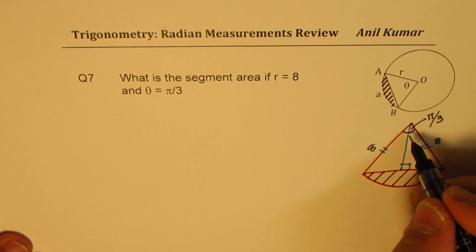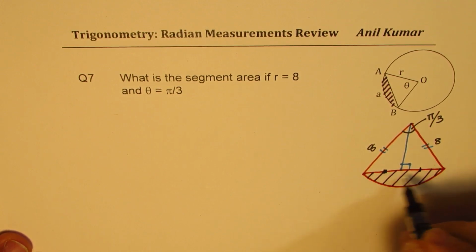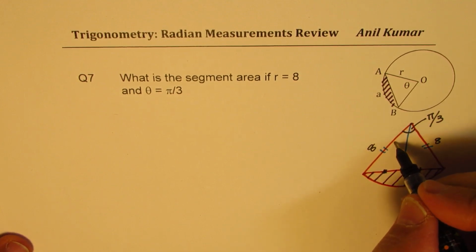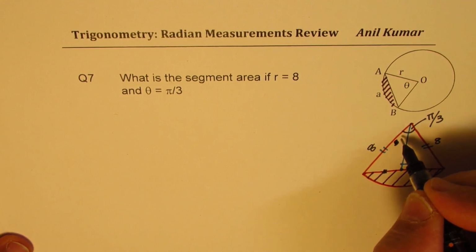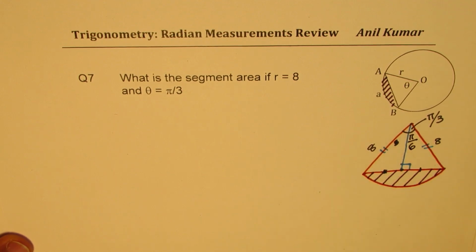Since this is an isosceles triangle, this perpendicular will also divide the base into equal segments, so that becomes the midpoint, and the angle here will now be 30 degrees, which is pi by 6.